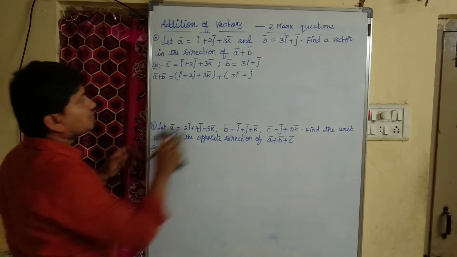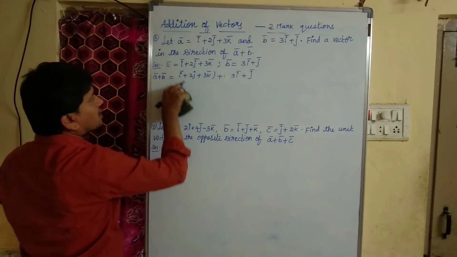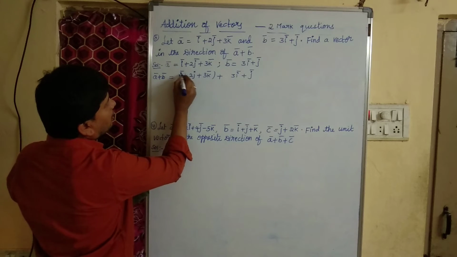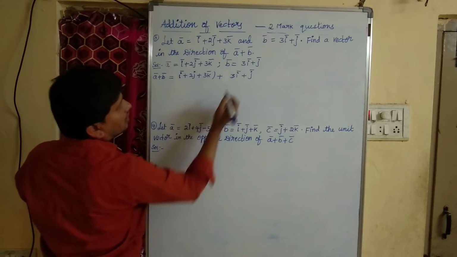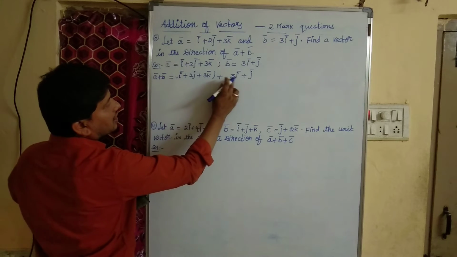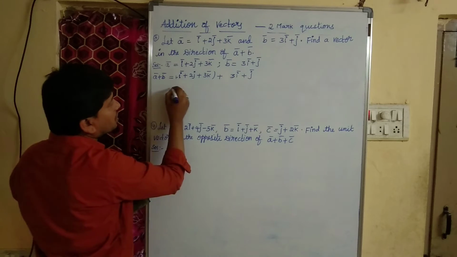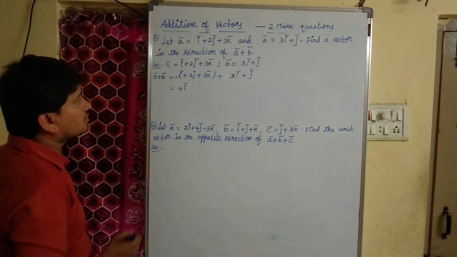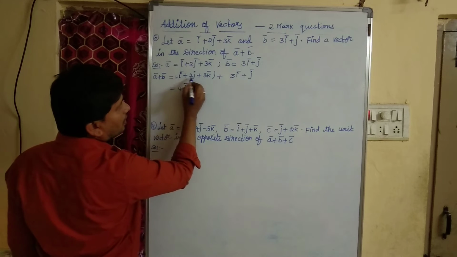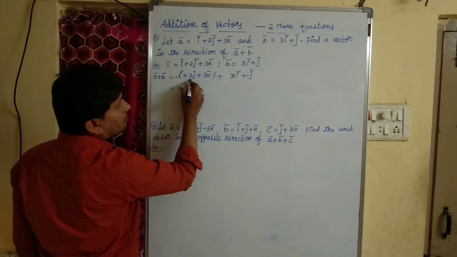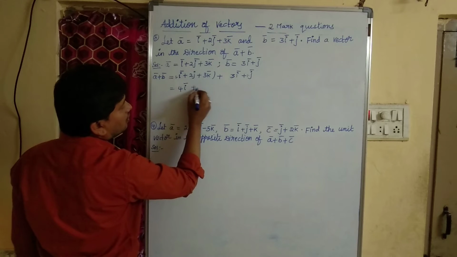So let us add these two vectors correspondingly. Here we have i bar and here we have 3i bar. 1i bar plus 3i bar, 1 plus 3 how much? That is equal to 4i bar. And here we have 2j bar and here we have 1j bar. 2j bar plus 1j bar is equal to 3j bar.